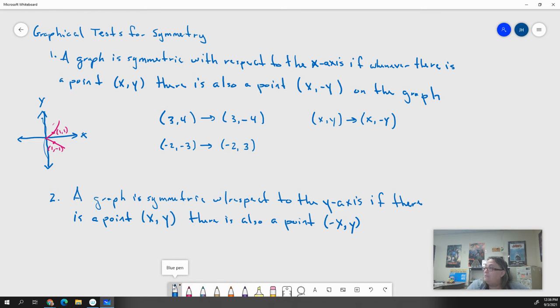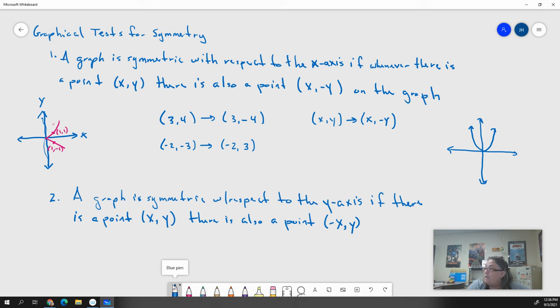And you see this one a lot with quadratics, right? Because a quadratic equation is symmetric. You would have something like this and something like this.